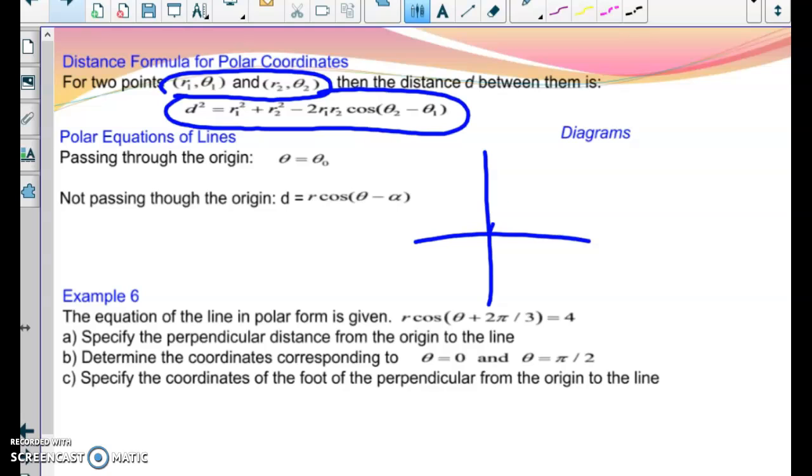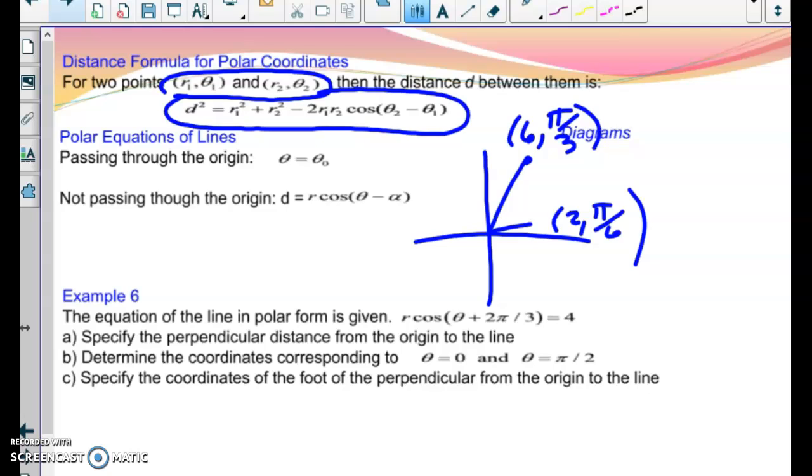So if I pick one point out here to be 6, pi over 3, and one over here to be 2, pi over 6. So I'm going to plug in and use that.